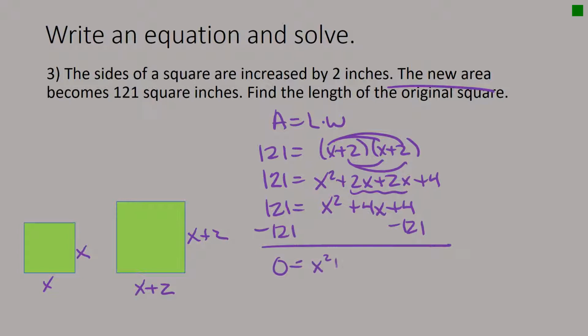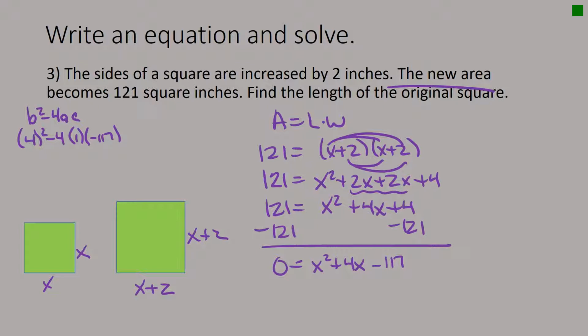So I have x squared plus 4x, I don't trust myself, it's early morning, minus 117. I'm going to do the quadratic formula again. So b squared minus 4ac. b is 4 squared minus 4, a is 1, c is negative 117.